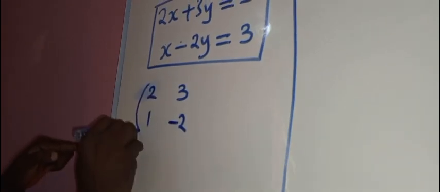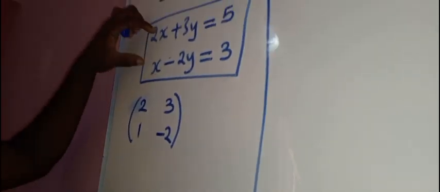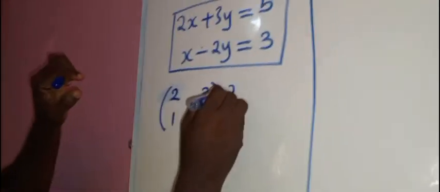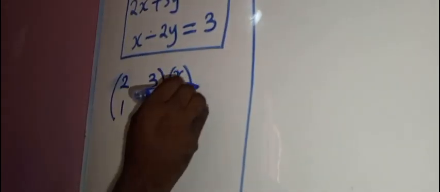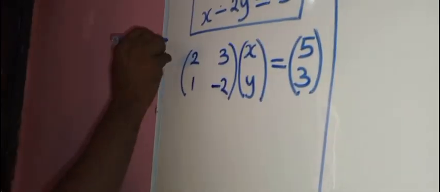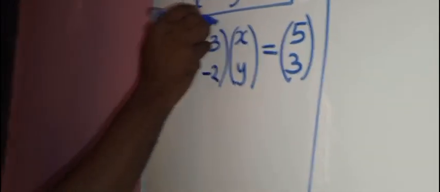You put it in a matrix. A matrix is an open and closed bracket. What are we looking for? We are looking for x and y. So x will be on top, y will be below in matrix form. Then the result is what? 5 and 3. You also put it equal to in matrix form. Is that clear? That's the first step. Render to matrix form.